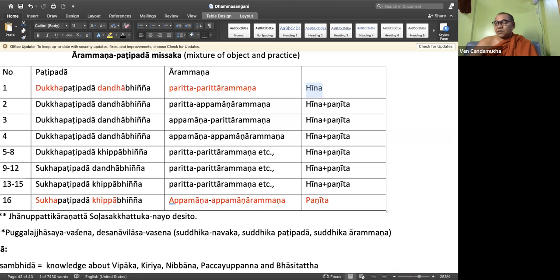So Patisambhida of Attha, Dhamma, Nirutti, and then Patibhana Patisambhida. Also Dasabala, the 10 powers of the Buddha. The Buddha is the one who possesses 10 powers.